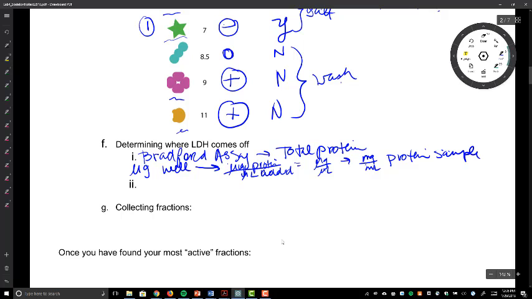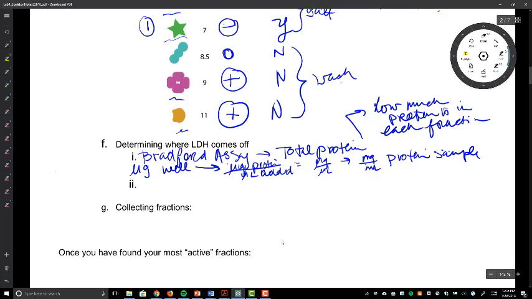Okay, and so what the Bradford assay does is it tells us how much protein is in each step or in each fraction. And so the Bradford tells you whether or not there is protein.